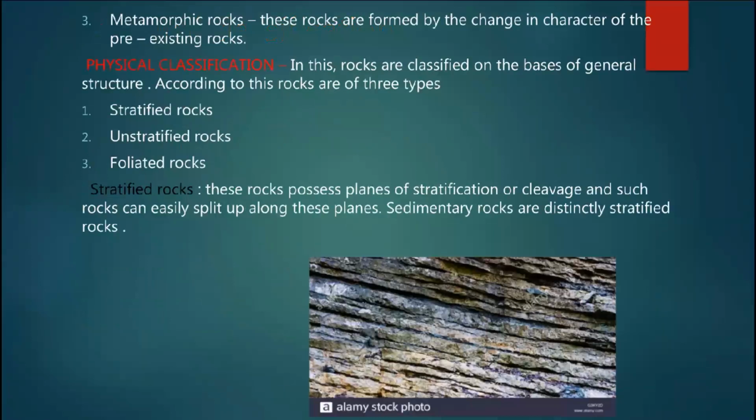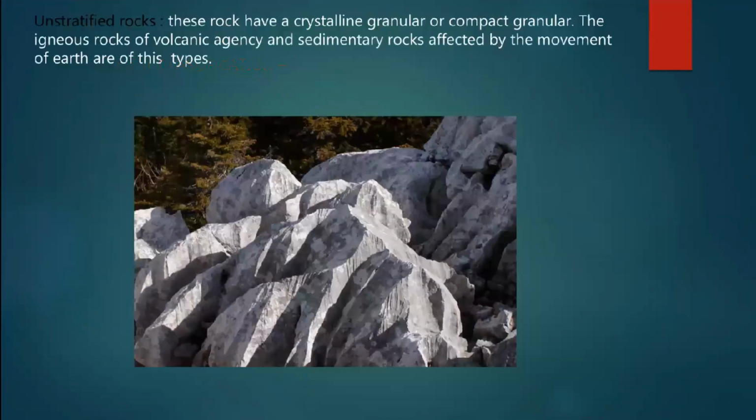Now, physical classification, based on structure, is divided into three types: stratified rocks, unstratified rocks, and foliated rocks. Stratified rocks possess planes of stratification or cleavage so that the rocks can easily split up. Unstratified rocks are crystalline granular and compact granular, and they can't be easily split.